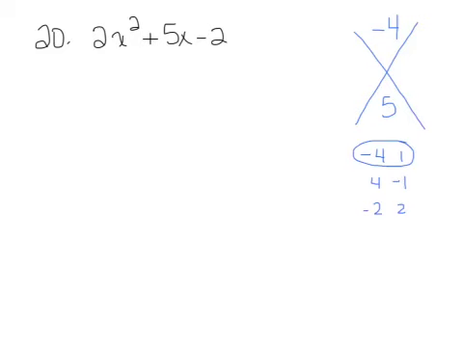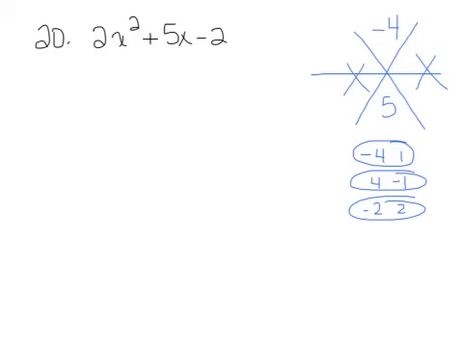But when we add these up, we're going to get a negative 3. When we add these up, we'll get a positive 3. And when we add those up, we get a 0. So when we cannot come up with numbers here that give us what we're looking for, we know that this is a prime polynomial, and it can't be factored any further.